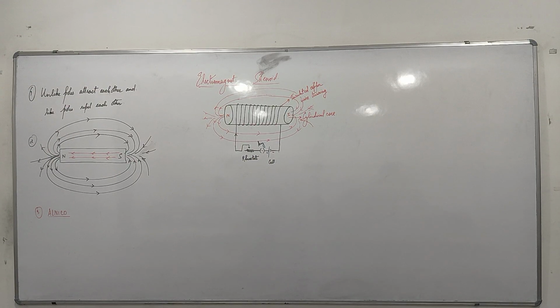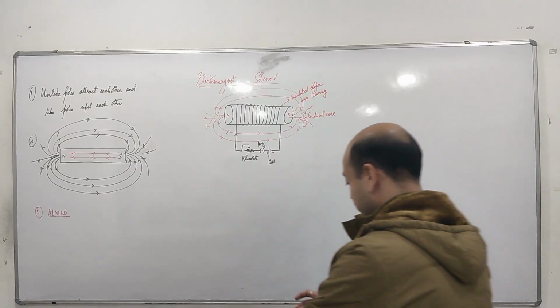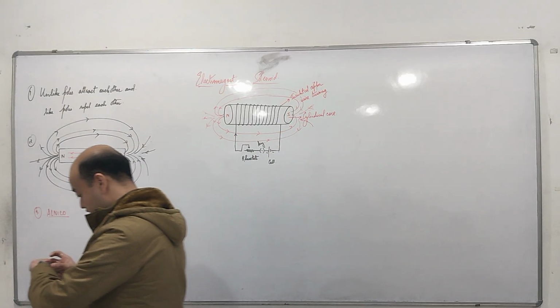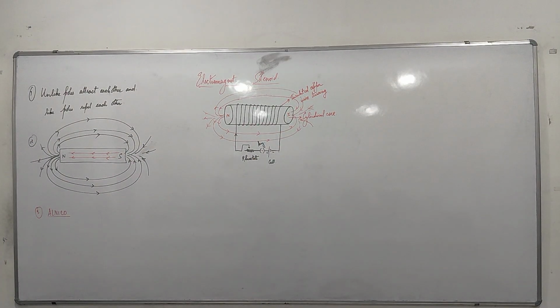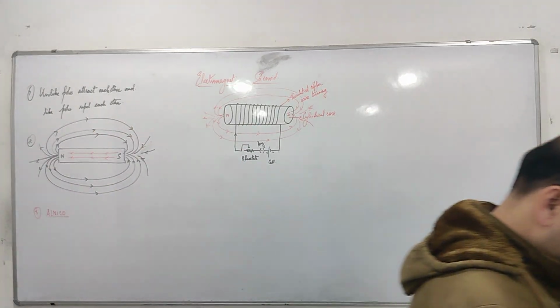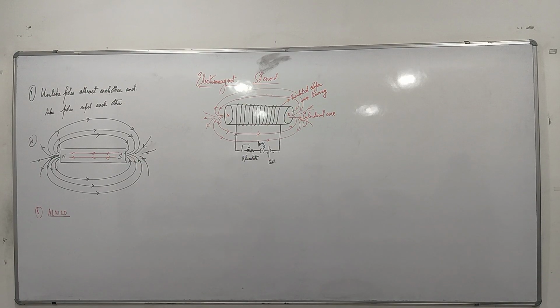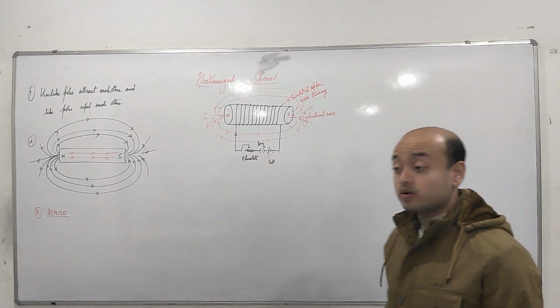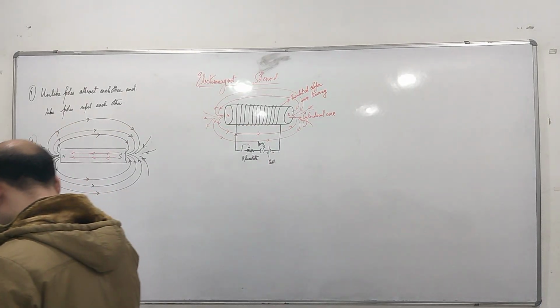Point number two. The magnitude of electric current flowing through the coil.